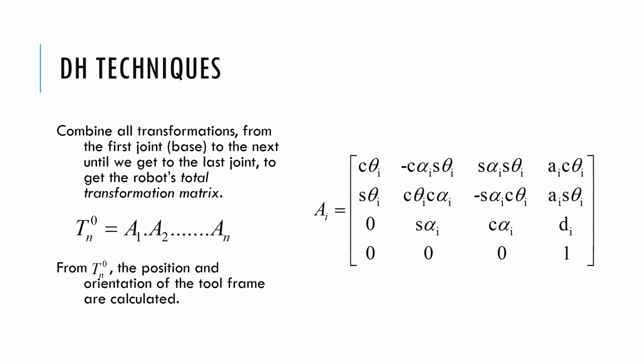If this was a 3-degree-of-freedom robot, you would have 3 A's, and the total A would be A1 times A2 times A3. If you have 7 joints, it would be A1 times A2 through A7. Symbolically it will look really long, but you just throw the numbers in really fast and compute it.